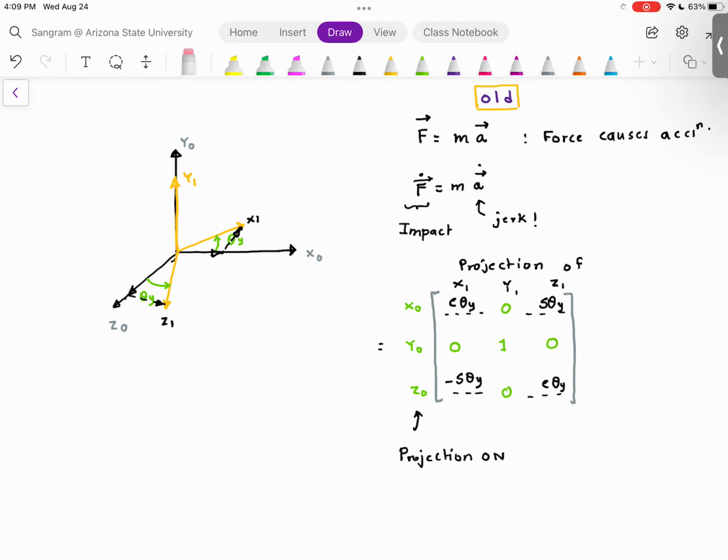Let me try to draw this properly. This needs to be parallel to this, but it doesn't look parallel the way it is drawn. But I think you got the point.